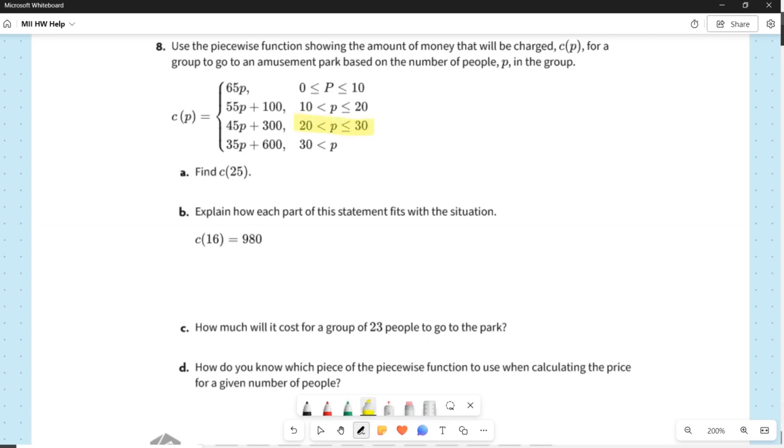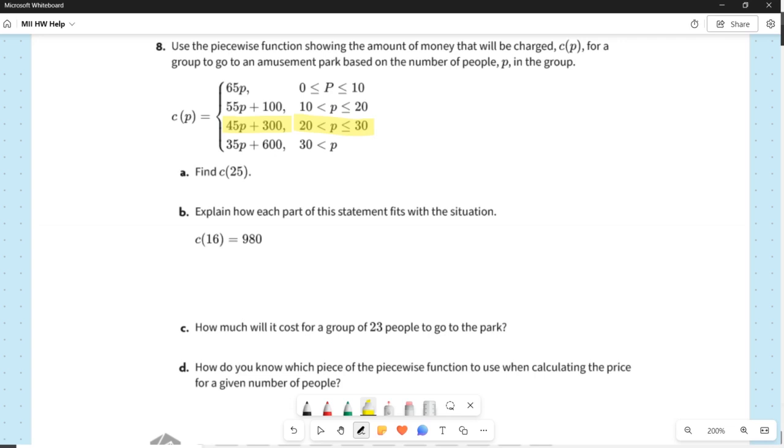25 is between 20 and 30, right? So 20 is less than 25, which is itself less than or equal to 30. So we're talking about our third piece here, and our function says that when you're in that interval, C of P is 45P plus 300.